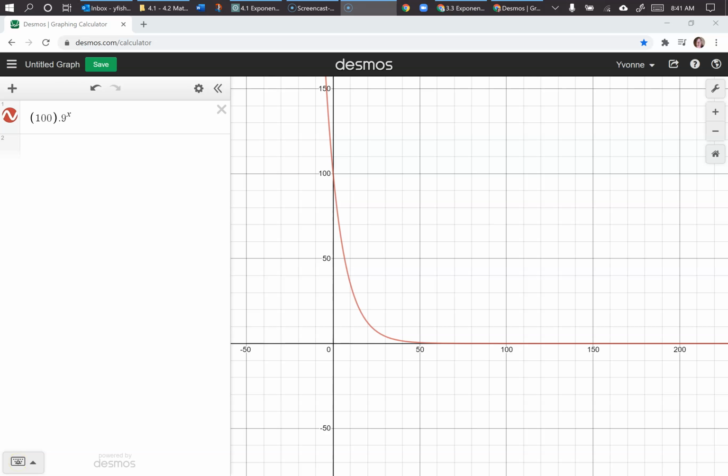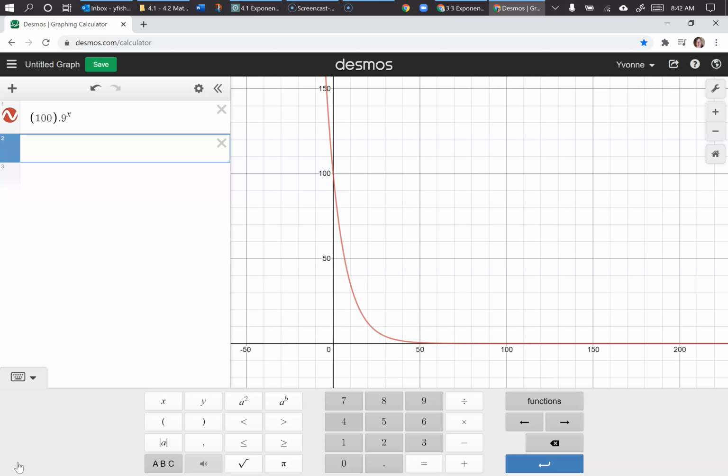Here's a graph of that in Desmos, 100 times 0.9 to the x. The other one that we did earlier, just to show you, is a little harder to see, because it's tripling, so it's pretty big.